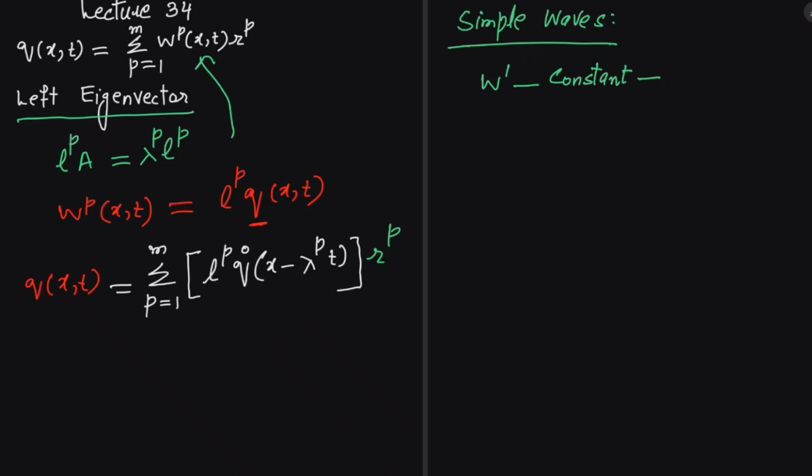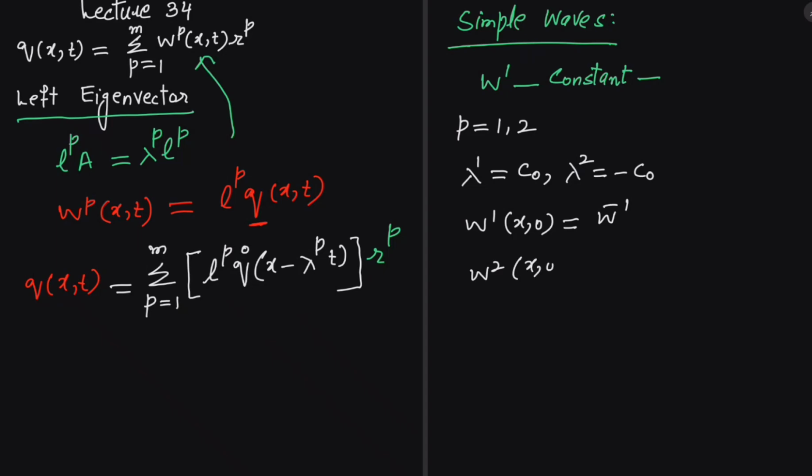For example, if we have p equal to 1 and 2, there are two waves, and for two waves we have eigenvalues c_0 and −c_0. The first wave has a constant value, and the second wave has a variable initial condition.